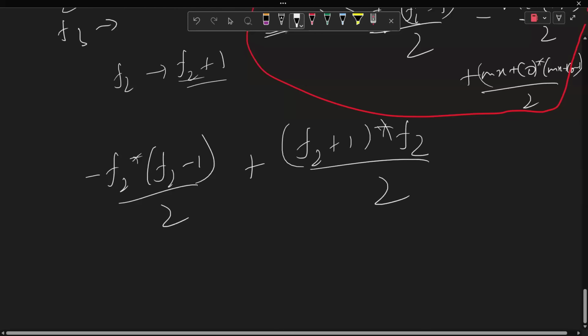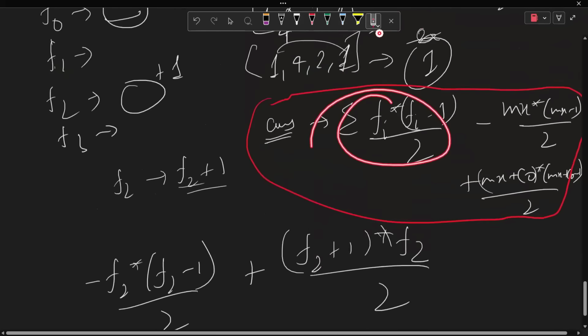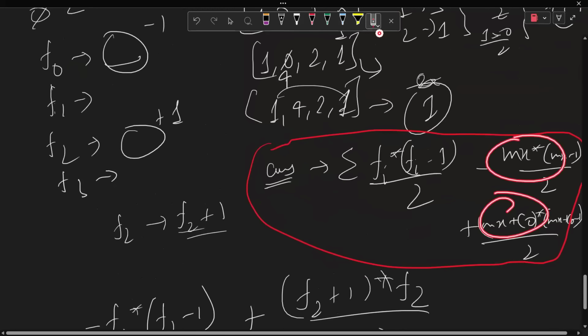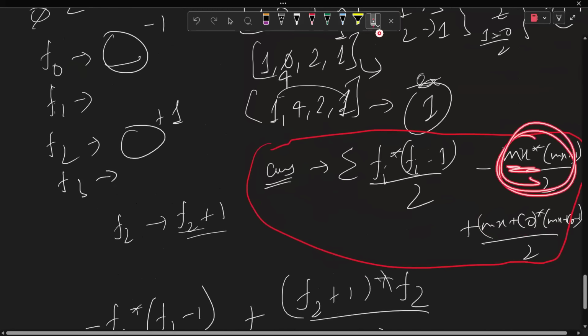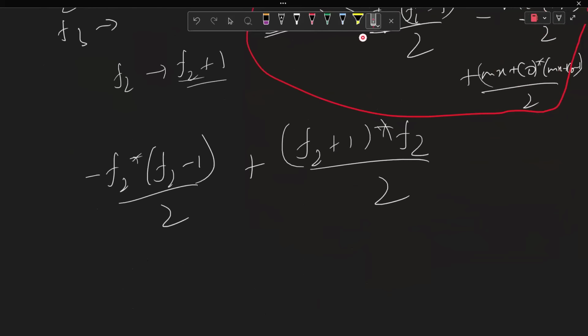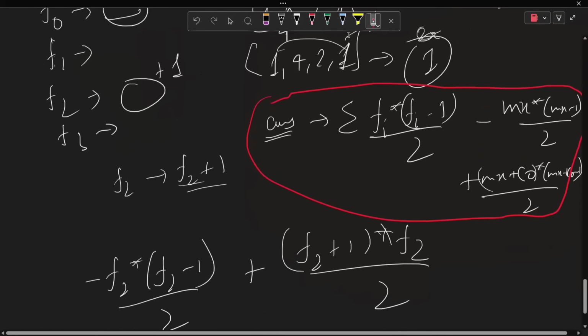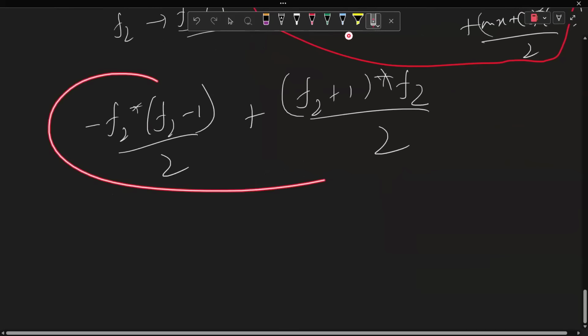This is the change that would occur to this part. And for the other part, you would check if your maximum is changing. If your maximum is changing, replace it, and your C0 would be decreasing, so replace that too. Basically, check your previous MX and C0 and just replace these. So this was the change for incrementing the F2 value.